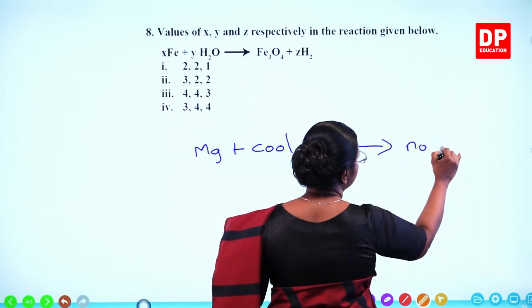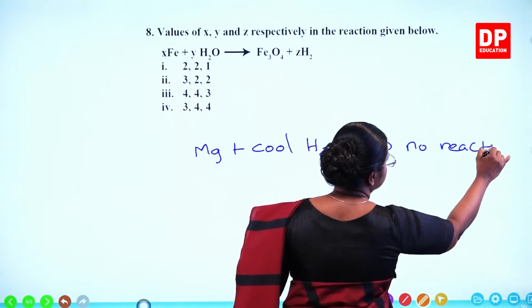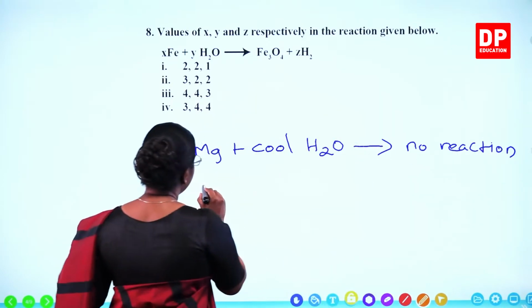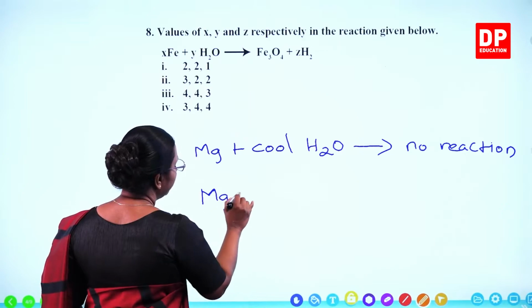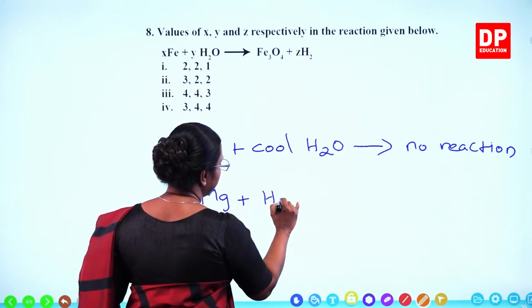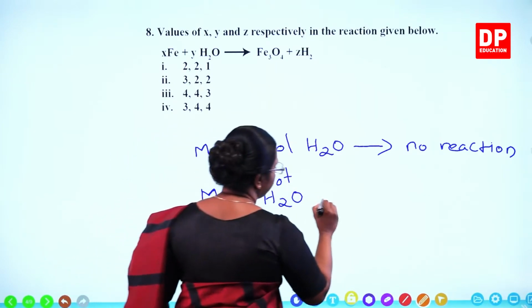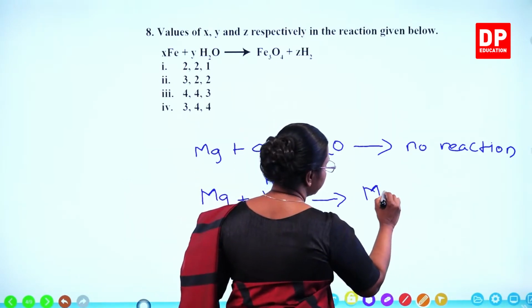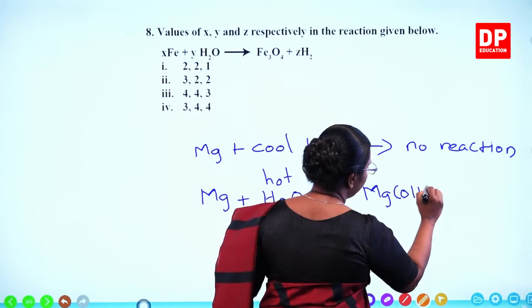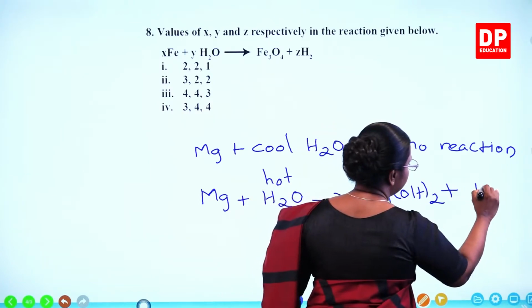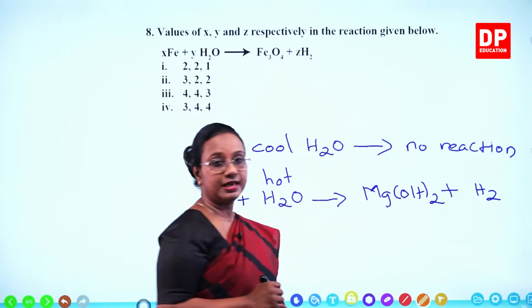There is no reaction. Then if you put magnesium into hot water, what happens? You can remember it reacts to form magnesium hydroxide and it evolves hydrogen gas.